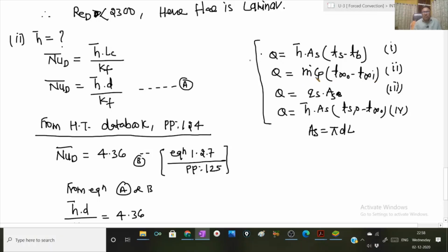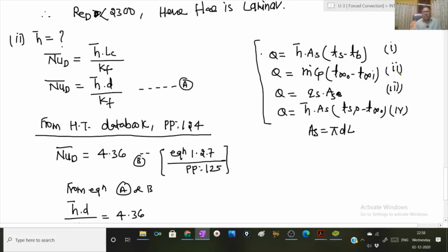I have values of all the parameters on the right hand side. What about the Q? I don't have the value of Q, but I have been given the value of Qs. So from equation 3, I can replace Q by Qs times As, and Qs is known to me.